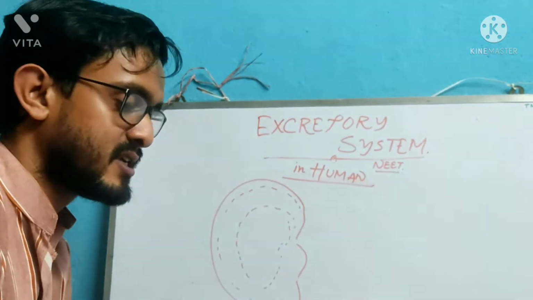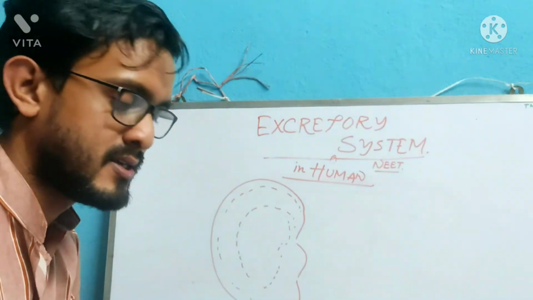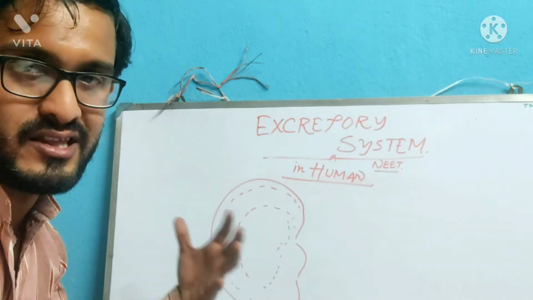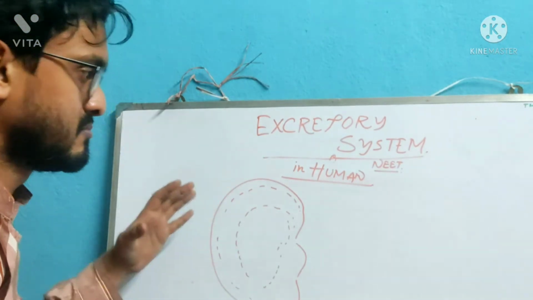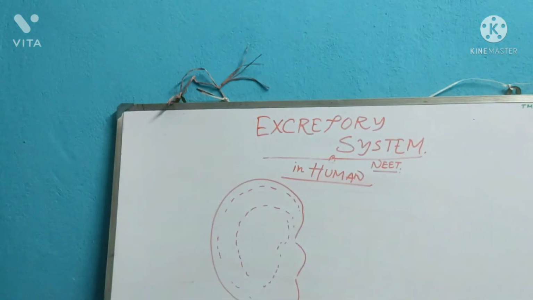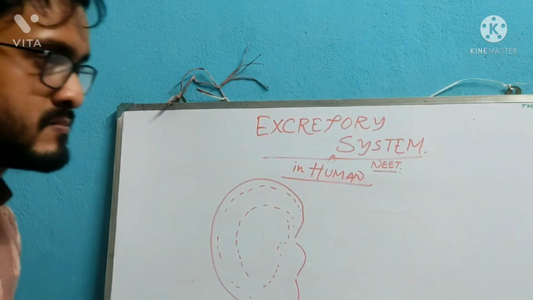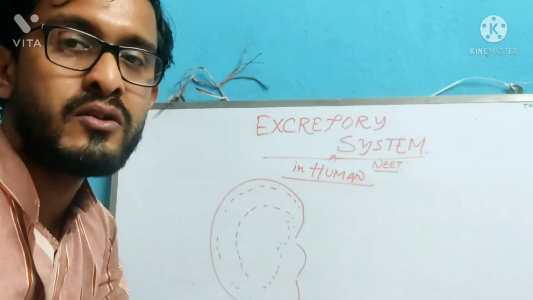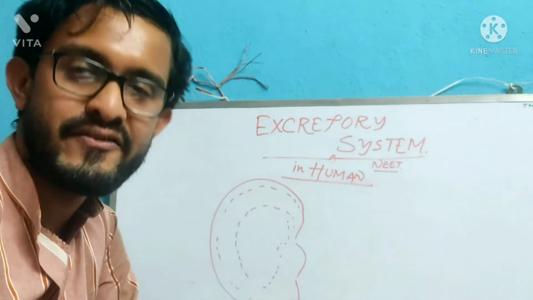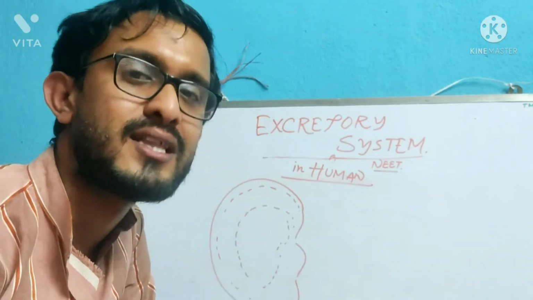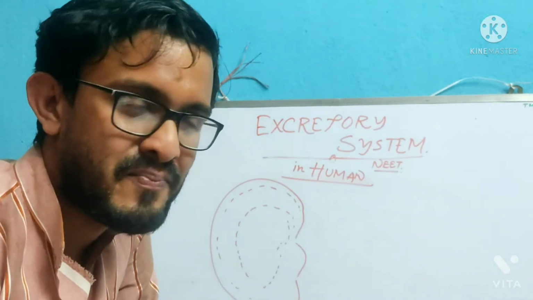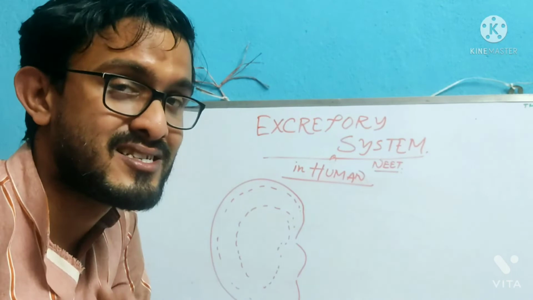The right kidney is slightly lower in position than the left kidney, because in the abdomen there is the liver above the kidney on the right side.